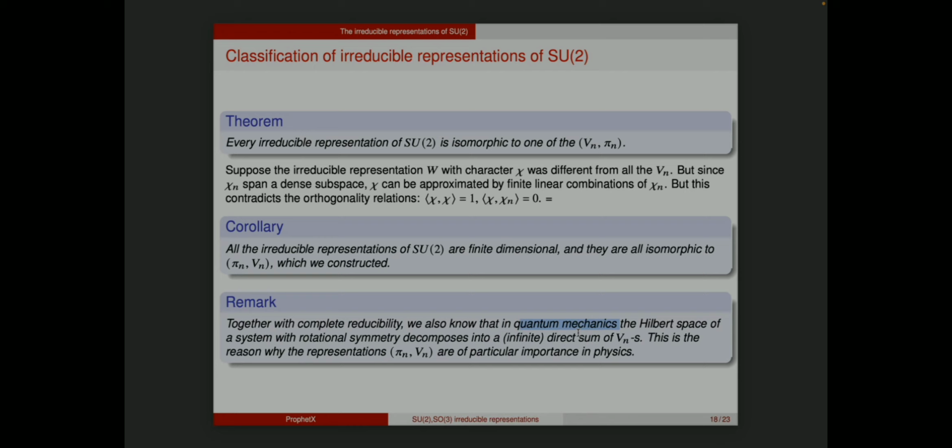But now we want to find the irreducibles of SO3. Because of this group isomorphism, it is enough to see where minus identity acts trivially on Vn. So we compute how minus identity acts. The representation pi n of minus identity acts on the basis as fk of minus z1, minus z2.